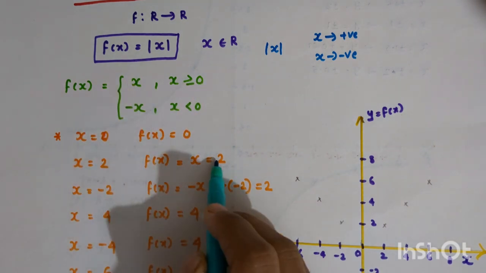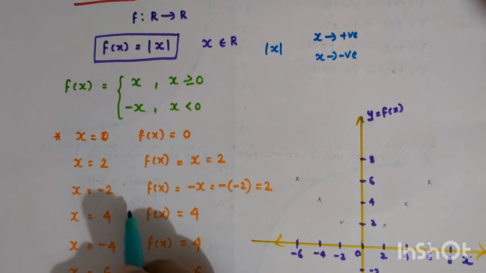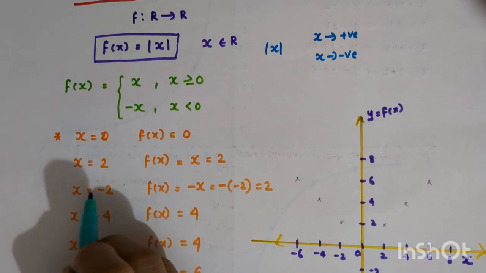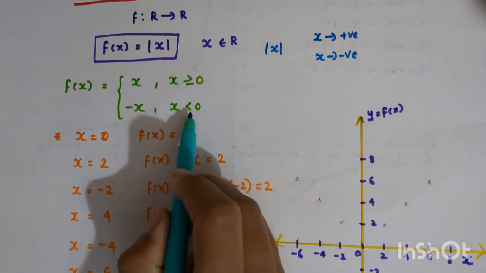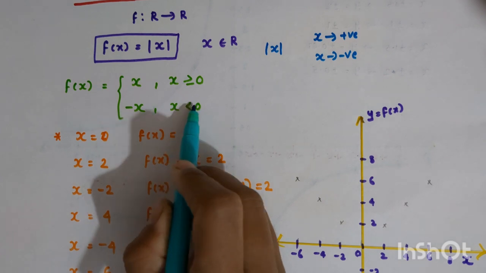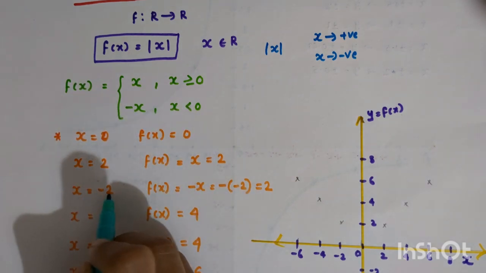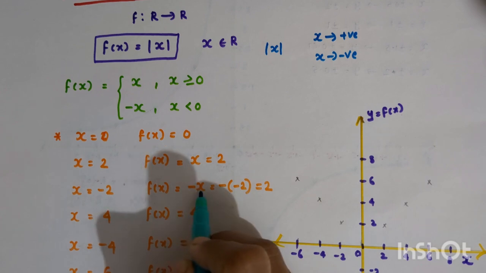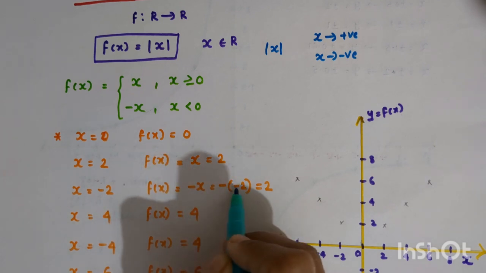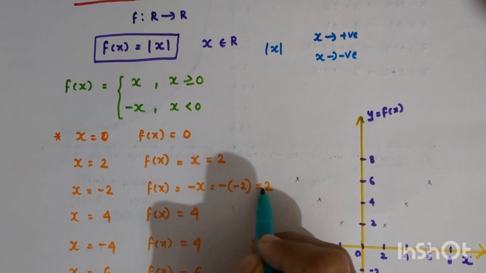X is 2, so f of x will be 2. For x equal to minus 2, minus 2 is less than 0. So for x less than 0, f of x is minus x. So for x equal to minus 2, f of x will be minus x, that is, minus of minus 2, which is plus 2.